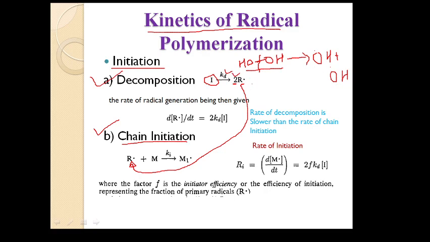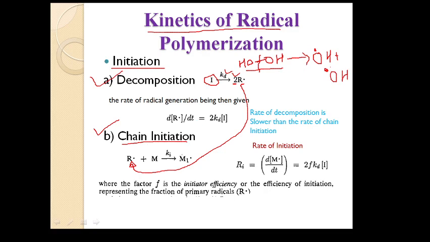Usually when there is homolytic cleavage, there is a production of the radical, 2 R dot, like this. Once this OH radical is produced, it can initiate the chain on its own. This OH radical is highly unstable and it finds a position on the monomer and shares its electron with the monomer and forms an active radical chain.